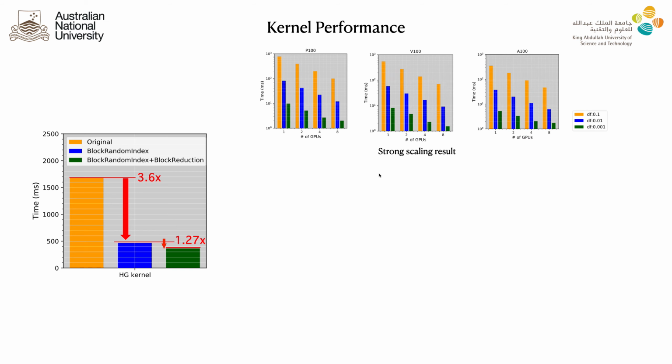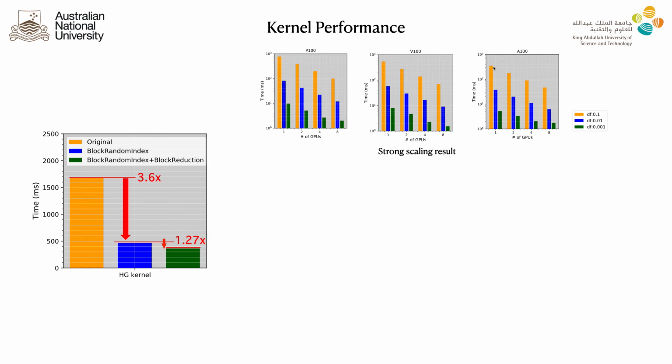Then we show the strong scaling of HG. We tested on 3 NVIDIA DGX systems, each equipped with 8 GPUs. This is the choice because of power limitations, as we don't have a supercomputer there. You can see the time for different architectures.